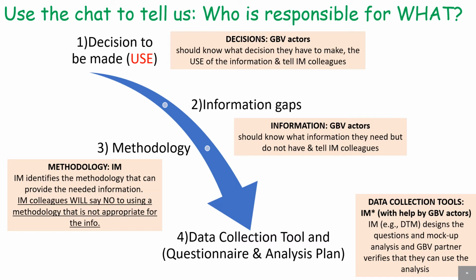What may also happen is that IM colleagues might start a new data collection exercise. For example, DTM might be about to revise their questionnaire. So they will approach GBV actors to ask about the information needs. And GBV colleagues consider the decisions they have to make and explain what information they need to information management colleagues. And the process continues as before.